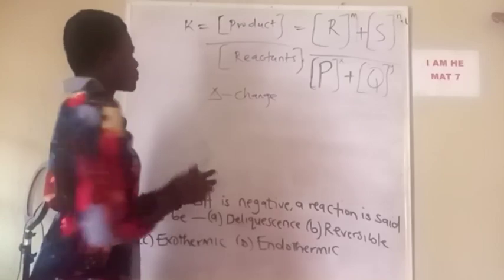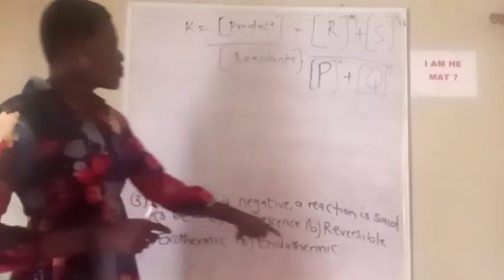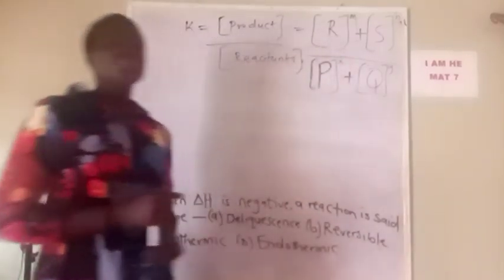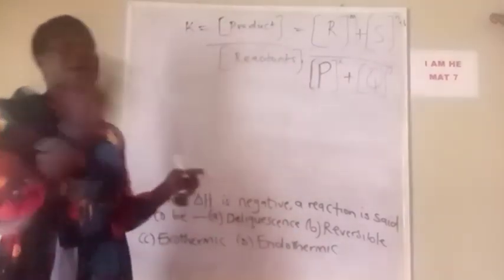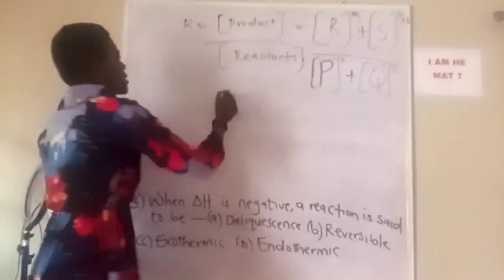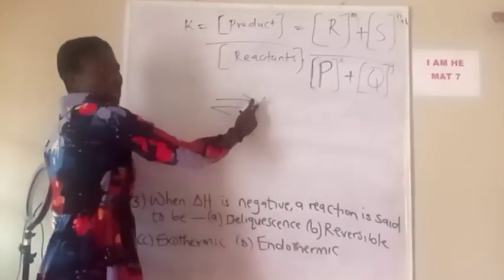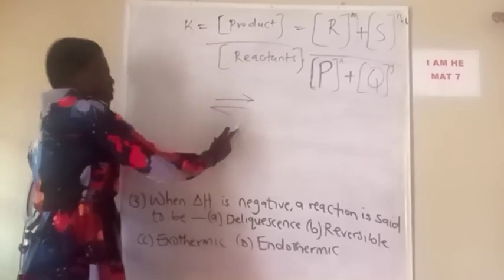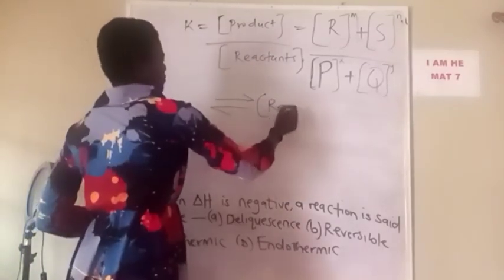Do you understand? We have reversible. A reaction is said to be reversible when it can undergo a forward and a backward reaction. That is when you see this symbol in a chemical reaction. This is a forward reaction. This is a backward reaction. So it means that reaction is reversible. Okay?